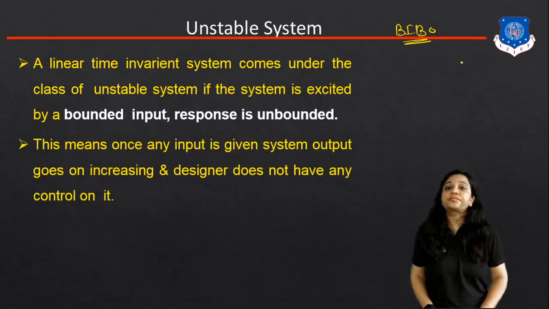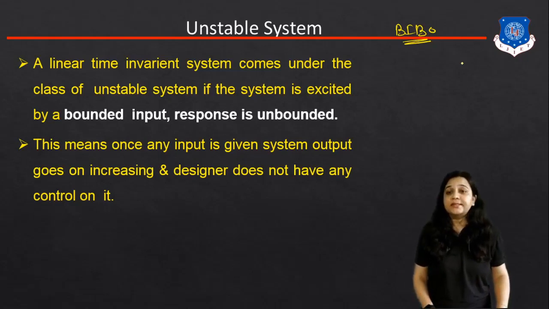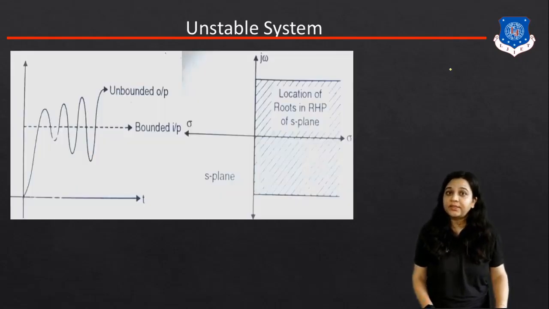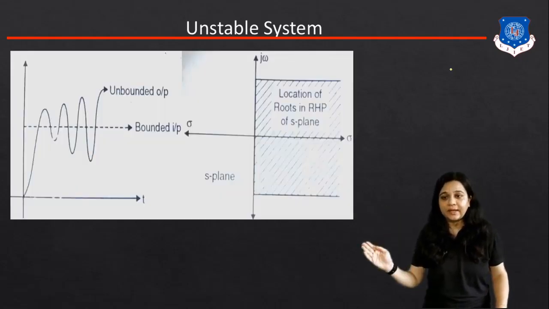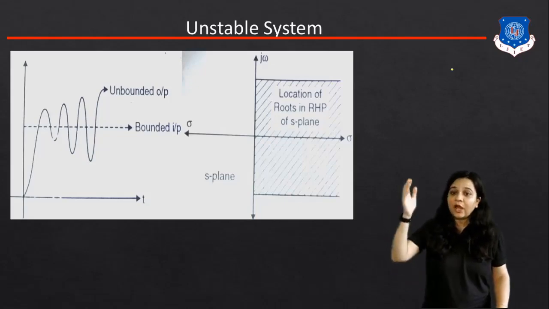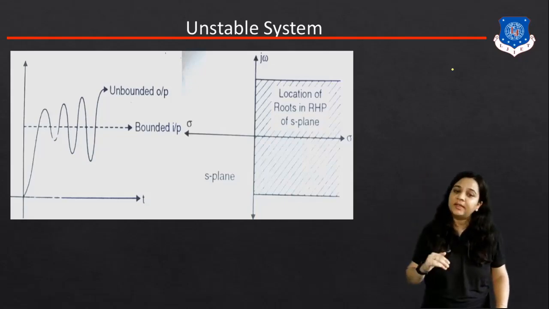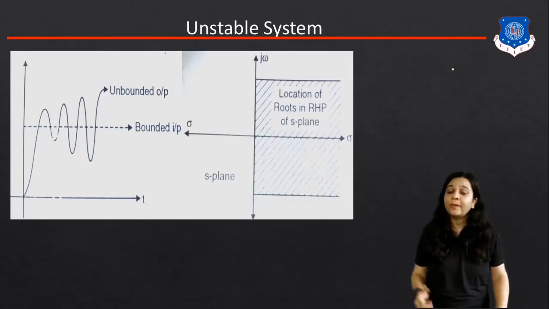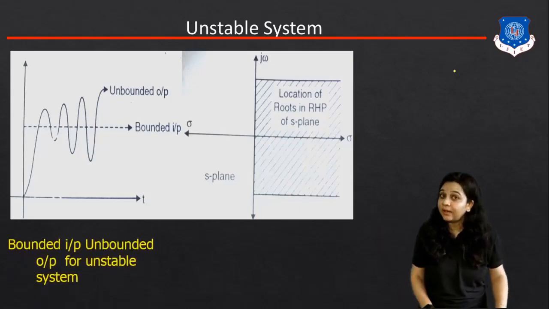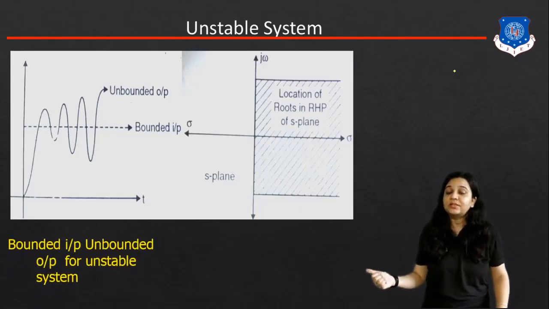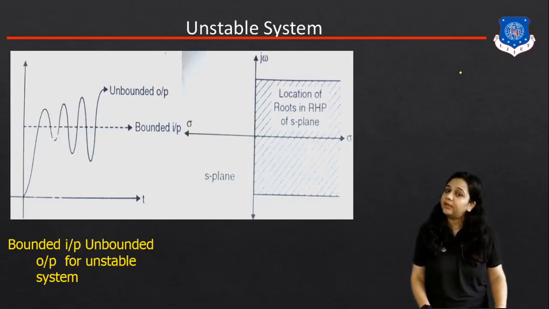This means once any input is given to the system, the output goes on increasing and the designer does not have any control over it. If we draw the unstable graph, whenever input is applied, the output keeps increasing or decreasing, so we cannot identify the exact value of the output. In an unstable system, the input is bounded, but we get the output in an unbounded condition.